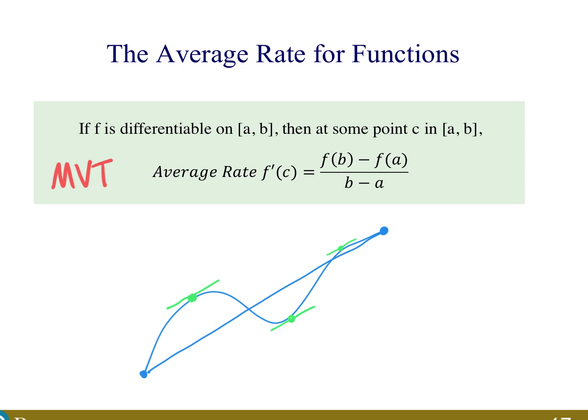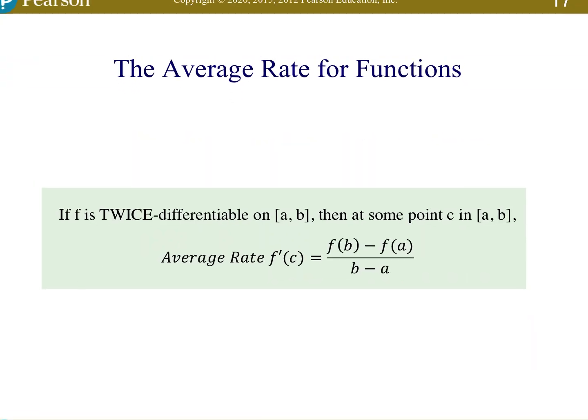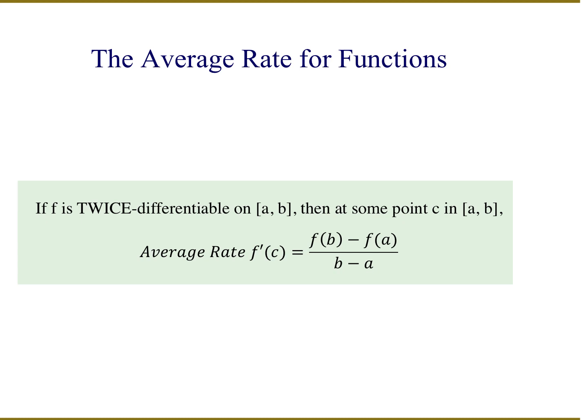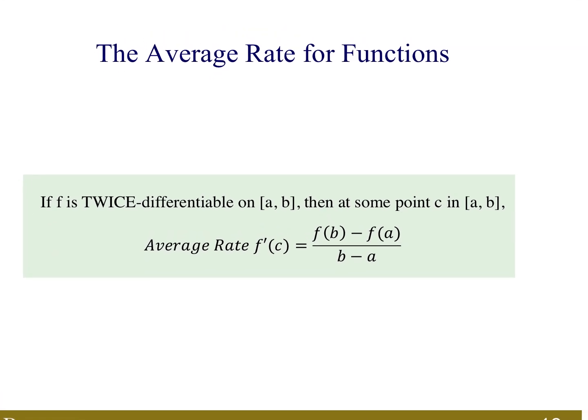The same thing happens for antiderivatives as well. If the verbiage is that it is twice differentiable, then what can you do with this? Last semester, we saw that we could go down a level, which is just the way my mind thinks of it. I can take both parts of those equations and go down a level. So f prime of c becomes f double prime of c.